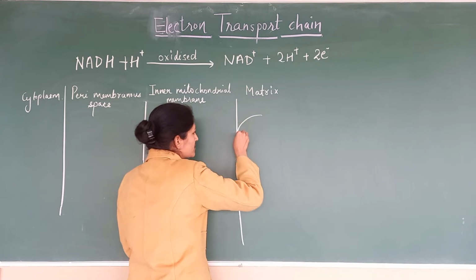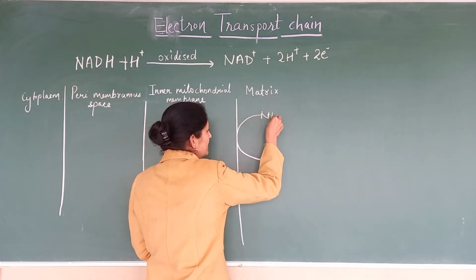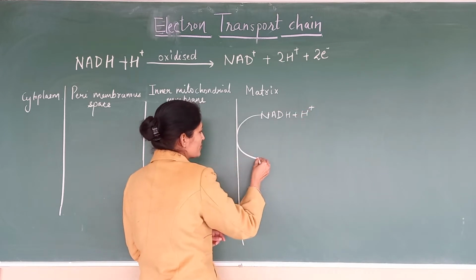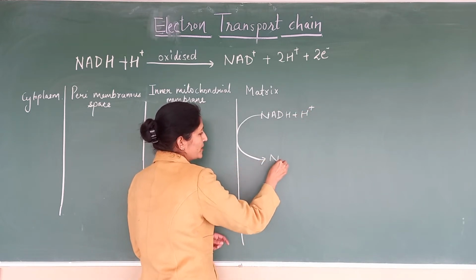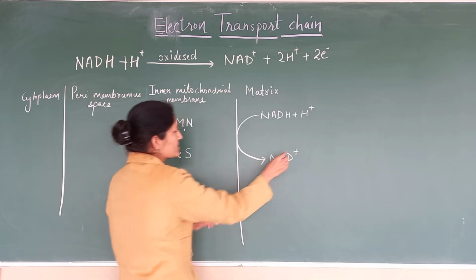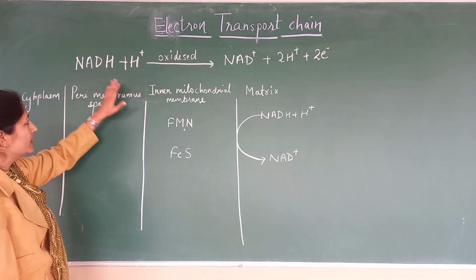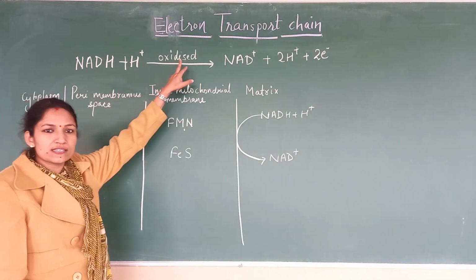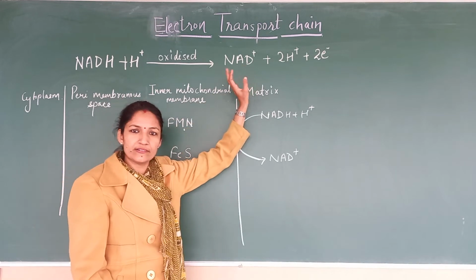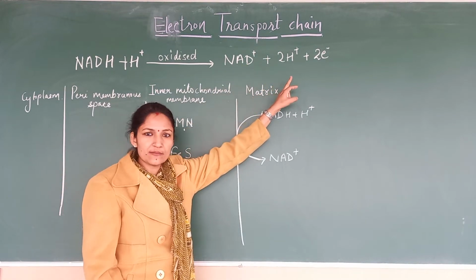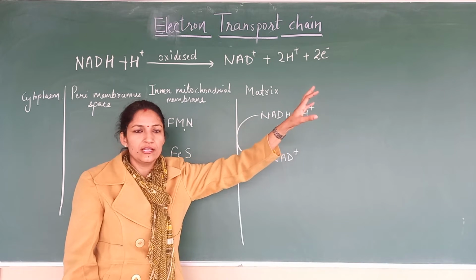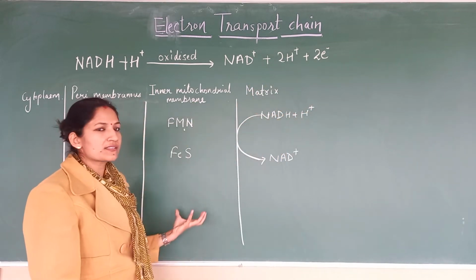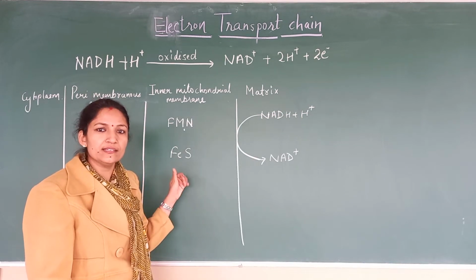So when NADH plus H positive gets oxidized to produce NAD plus, as you can see in the reaction written over here, NAD plus is regenerated, 2 protons are produced and 2 electrons. Now these protons and electrons are taken by this system in a sequence.